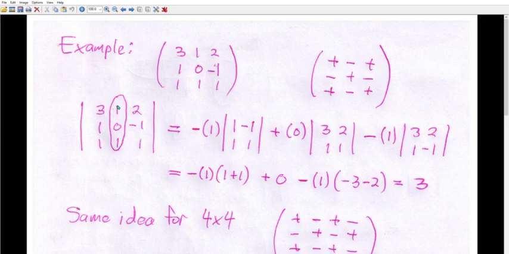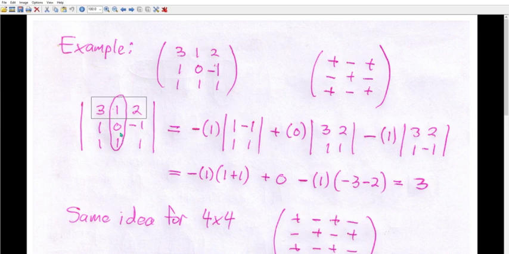So we look at 1 and notice that it's in a negative position because this is first row, second column. 1 plus 2 is 3, so that's going to count as a minus 1. Okay, and then what we're going to do is not include anything in that column and in the row the 1 is in, and what we're left with is a little 2 by 2, which is 1, minus 1, 1, 1. So we end up with, for that term, minus 1, which is this one, times that little 2 by 2.